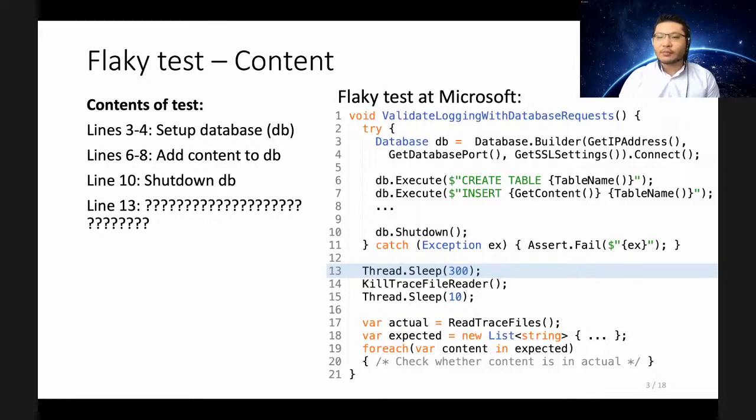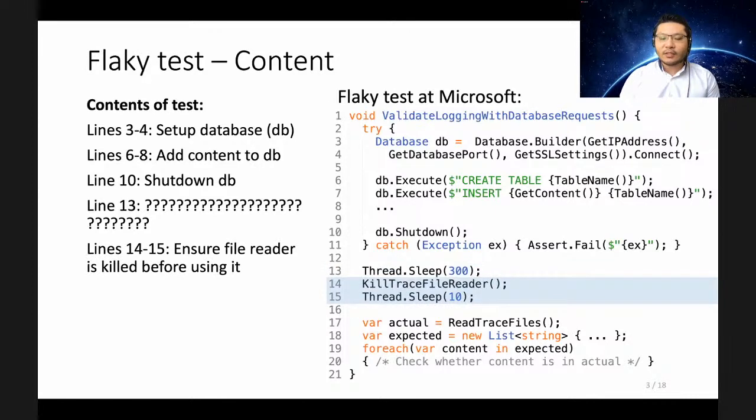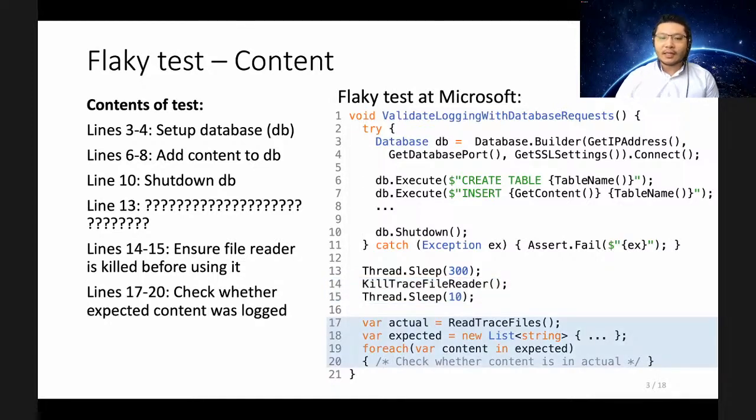We'll revisit this once we go over the rest of the test. At lines 14 to 15, we ensure some file reader is killed before we start using it. Then at lines 17 to 20, we use the file reader and check whether some expected content was logged into a file. Again, at this point it's unclear why the expected content is sometimes missing.